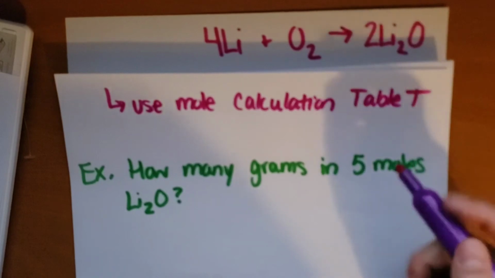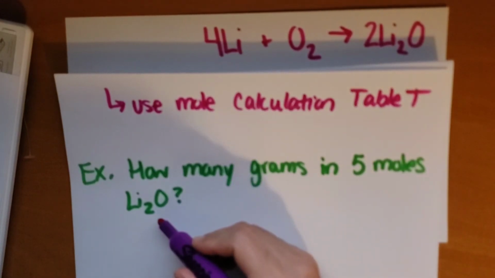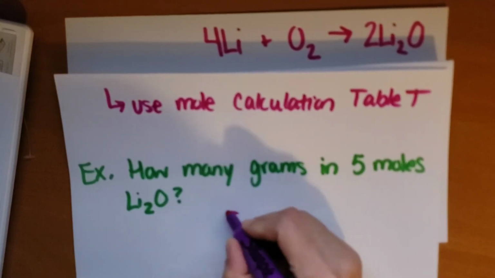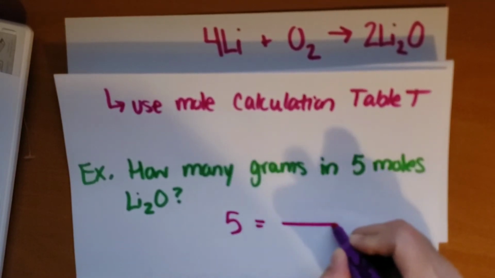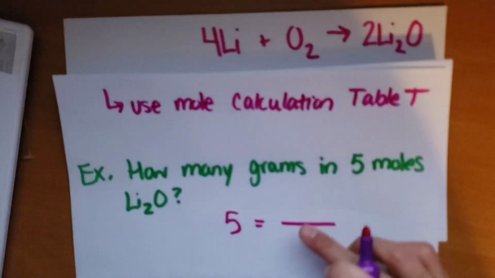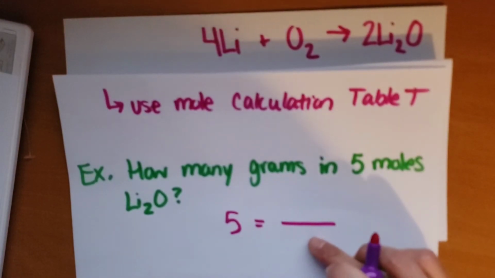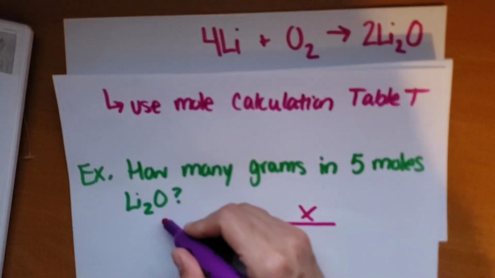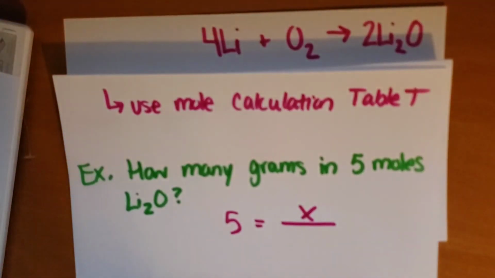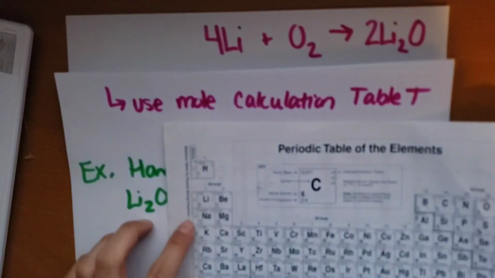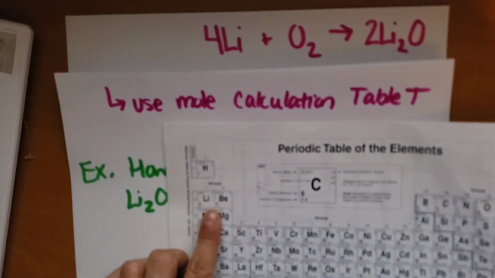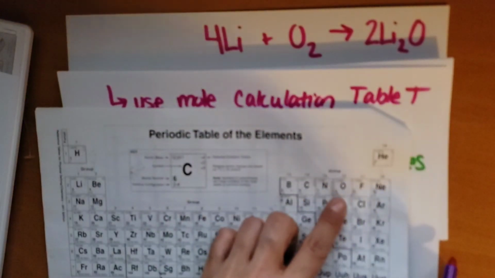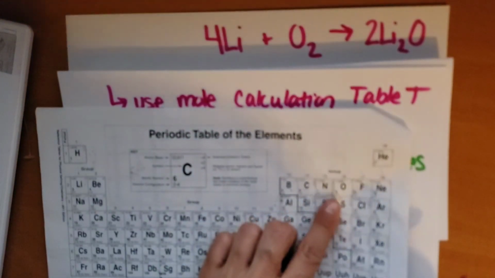Let's see what we can substitute here. In this question, we know that we have 5 moles of lithium oxide, so that is the number of moles. So 5 is equal to a given mass over a gram formula mass. Well, we were not given a mass, but we can figure out the gram formula mass by using our periodic table. In lithium oxide, we have lithium, which has a mass of 6.9, and oxygen, which has a mass of 16.